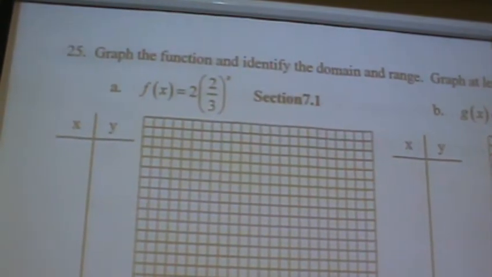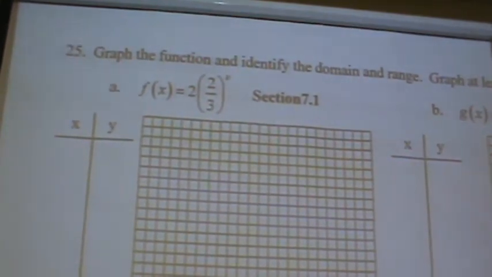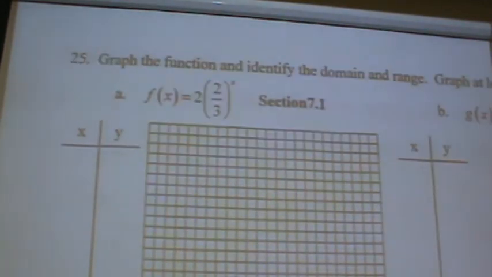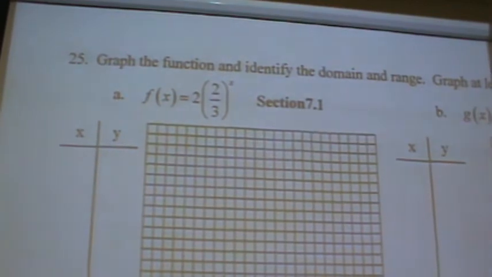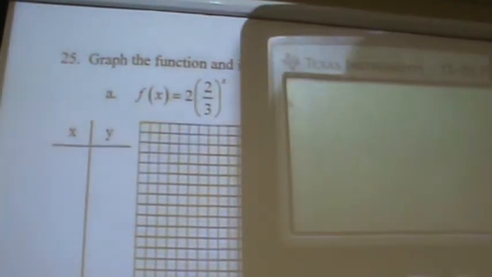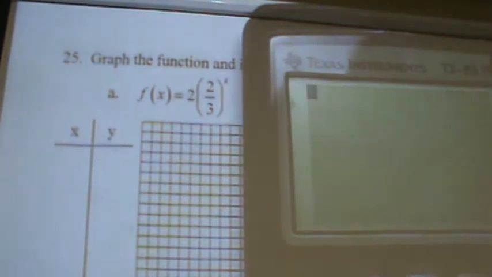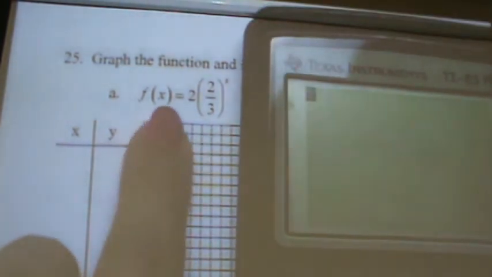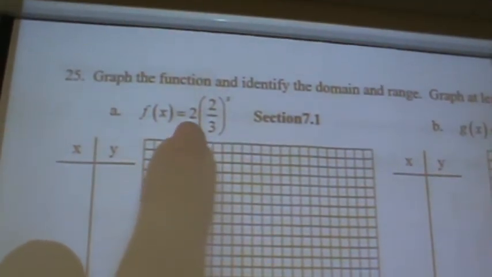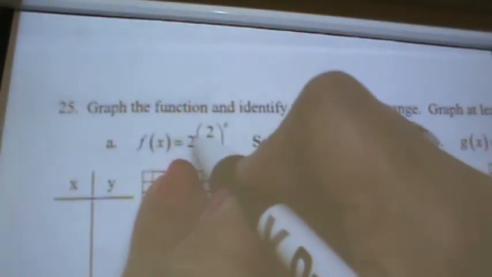Okay, 25 and 26, use your calculator, you guys. Type this in your calculator. I'm going to show you really quick. You should be able to pick out the correct answer. By the way, you could do a couple quick things on this one. What's this 2 right here?